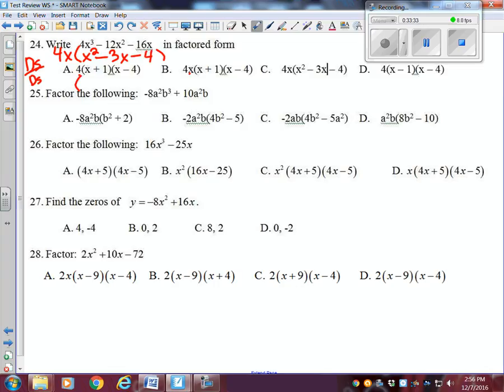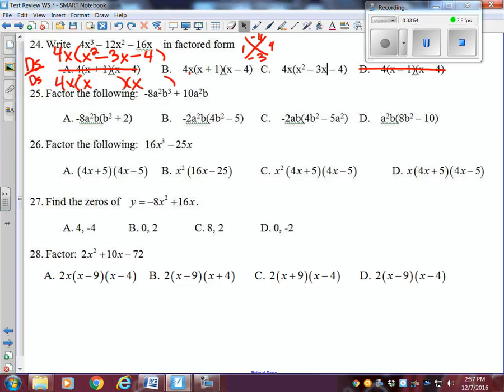Now, I'm a little short on space. Bring my 4x down. Right away, I know 4 and x. So I can cross out choice A, and I can cross out choice D. Trying to figure out what's going to multiply to give negative 4 and add to be negative 3. Well, it's only 1 times 4, because 2 times 2 won't work.